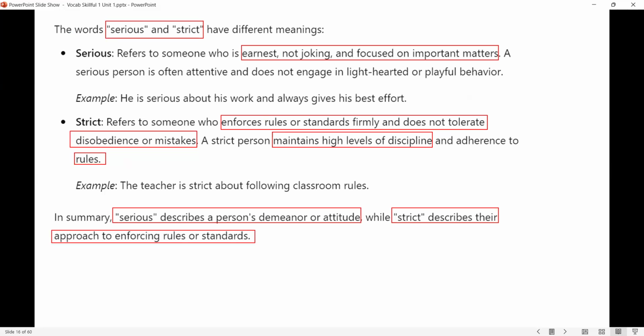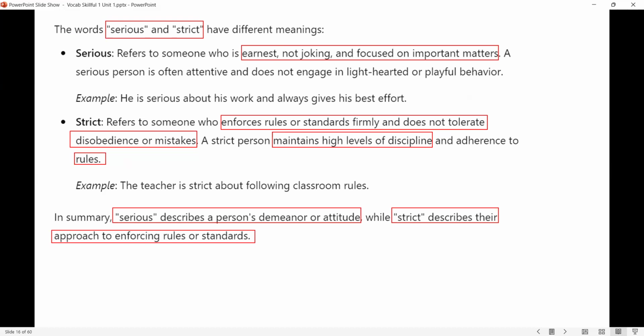And here we have the difference between serious and strict. I just explained them one more time. Serious, someone who's serious is earnest, is not joking, and is focused on important matters. So it refers to the person's attitude.